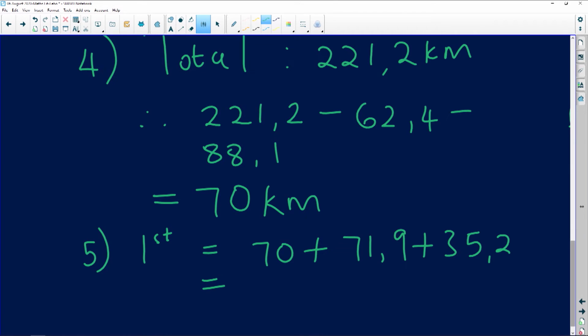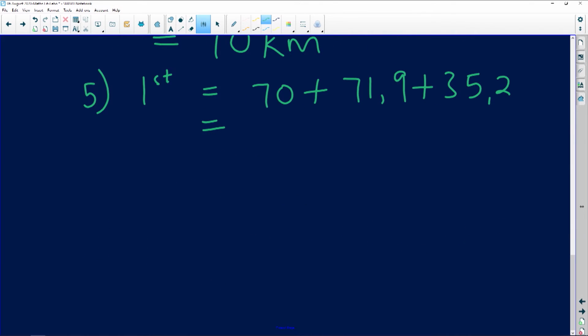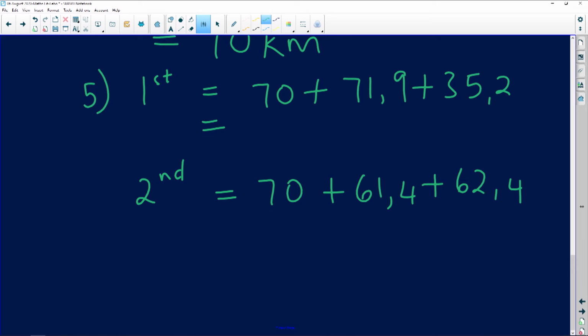Okay, that's the first one that I am going to do. And then my second one is going to be 70 plus 61.4 plus 62.4. So I've got all of that, I can now start calculating.